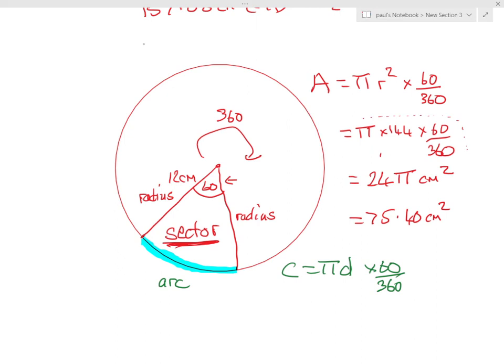So this will equal pi times 24 times 60 divided by 360, which equals 4 pi centimeters. Everything's in centimeters, yeah?